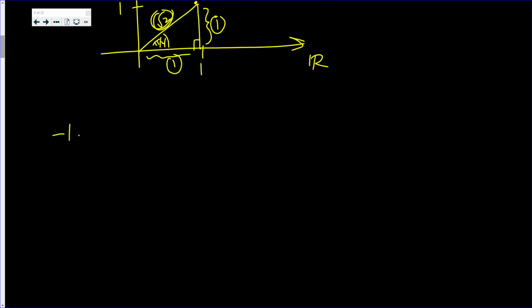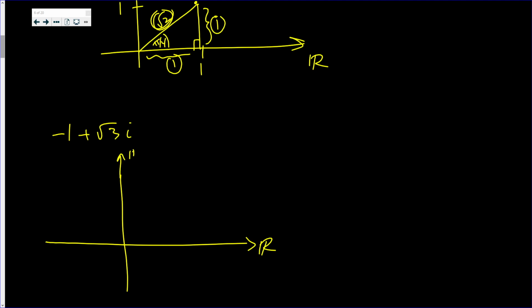Suppose we have negative 1 plus the square root of 3i. So let us graph this. Real axis, imaginary. So we have negative 1, positive square root of 3, right here.